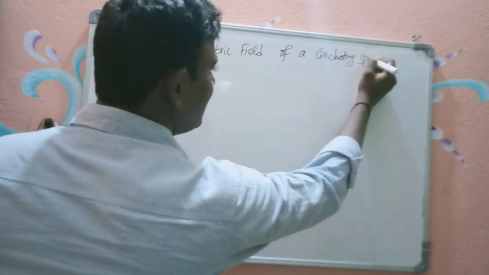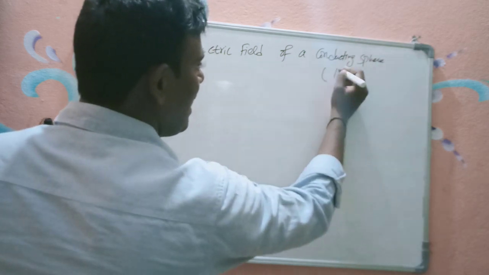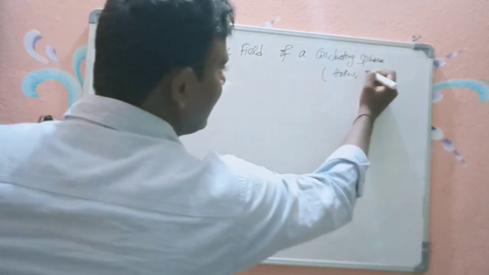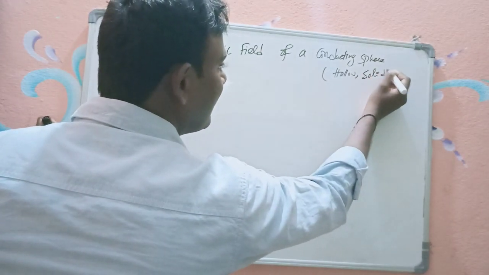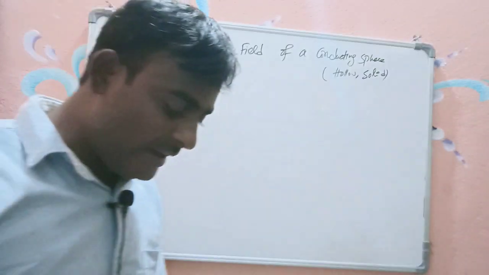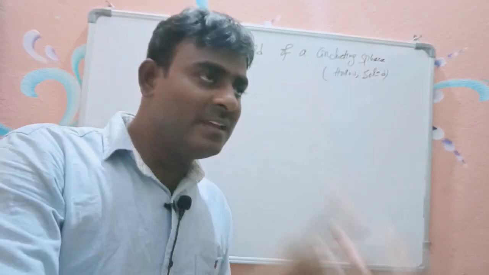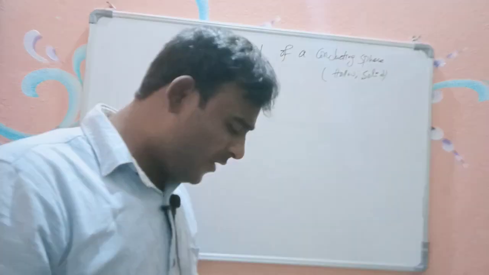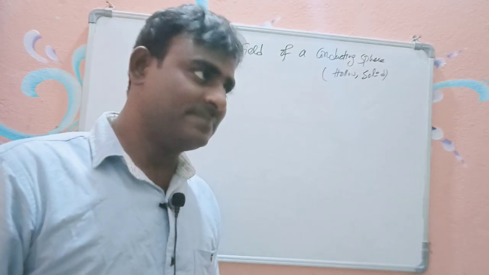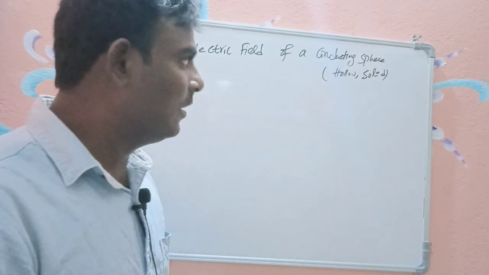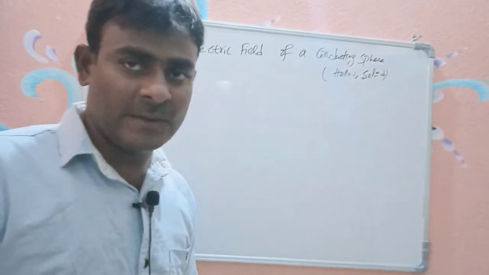Just now we have seen there may be a hollow conducting sphere or a solid conducting sphere. Now how can I find the electric field of a conducting sphere? Instead of going through different formulae, I suggest you go through the laws that are helpful in finding the electric field.